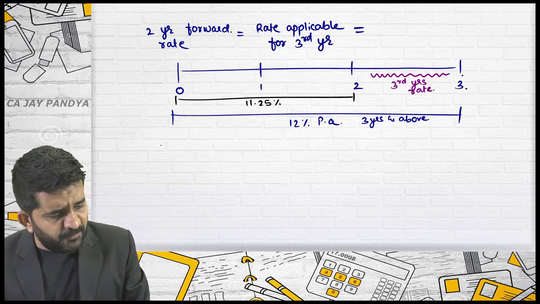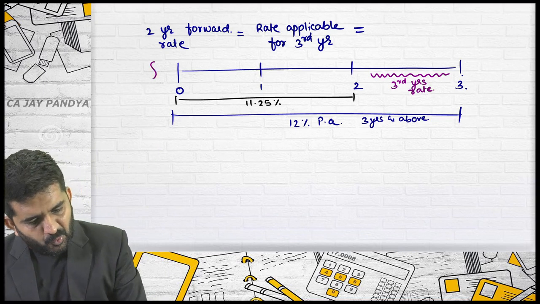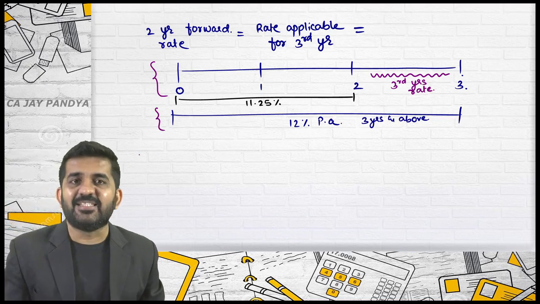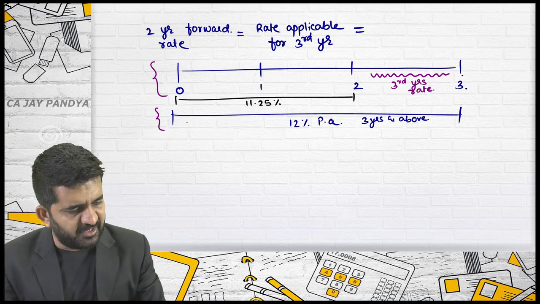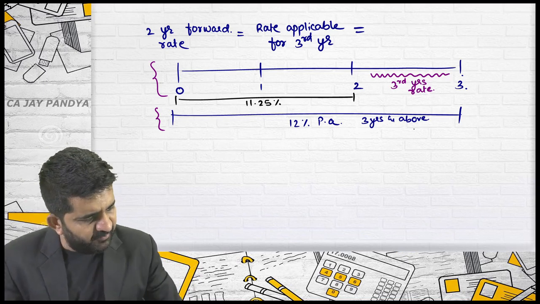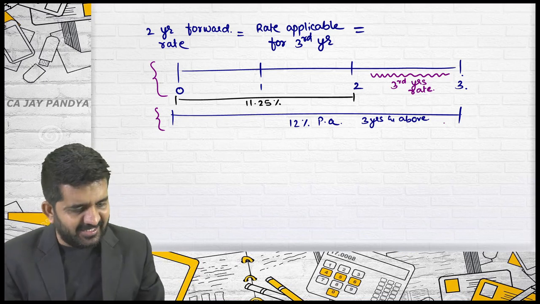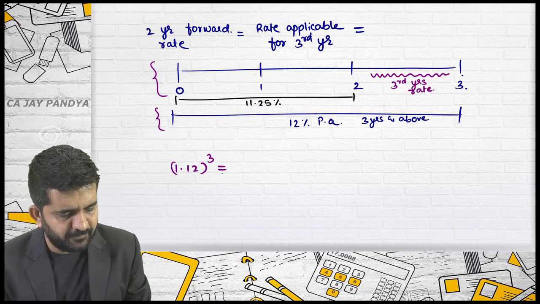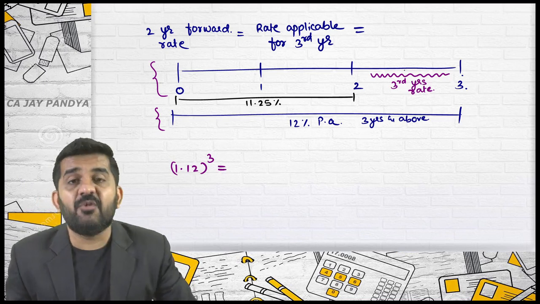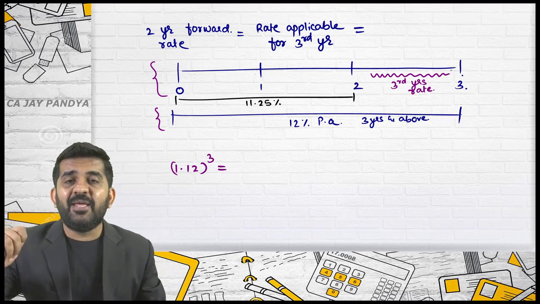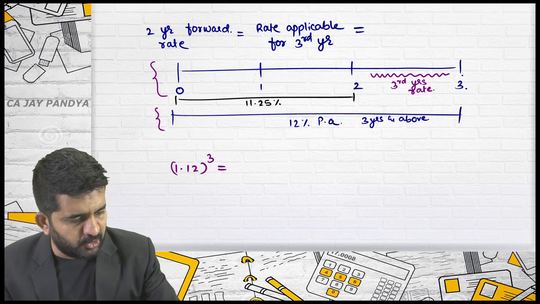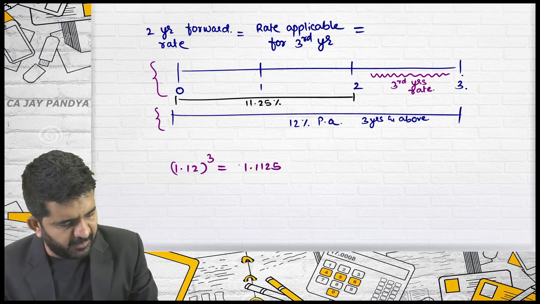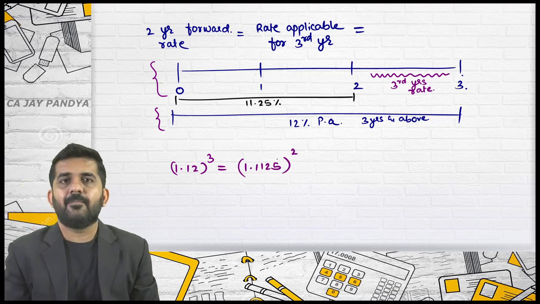Then, if you invest year over year, you should be getting the same money. Try to understand, I am drafting the formula. If I invest at 12% directly for 3 years, how much will I be getting? 1.12 raised to 3. If I invest by this route, I will be investing 1 rupee for the first 2 years, that is 1.1125, 11.25% for 2 years.